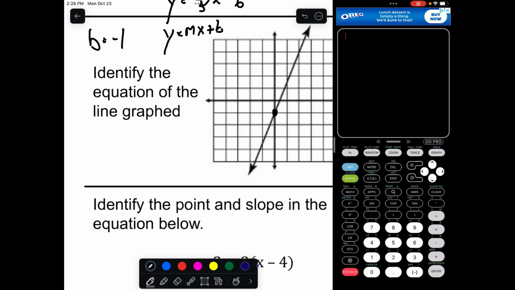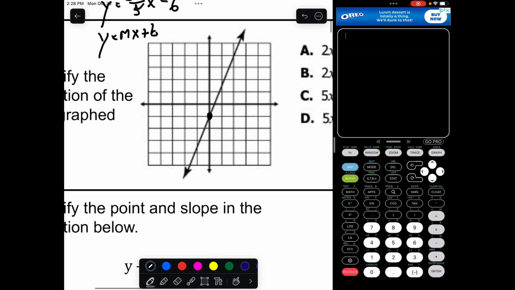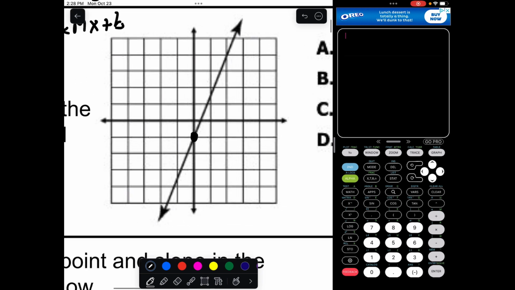M is our slope. M equals, to find our slope, I need to find another place where this line is crossing an intersection of grid marks. So this point right here would work, and it looks like that's the only one that would work.